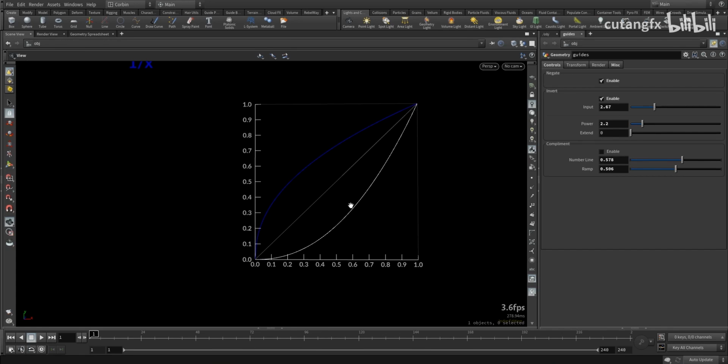And then when you want to return to linear color space, you simply raise to the inverse of 2.2. So it's 1 divided by 2.2, and that's what you raise to in order to get from the gamma corrected color space to linear. We use this all the time, but it's important to understand how and why.